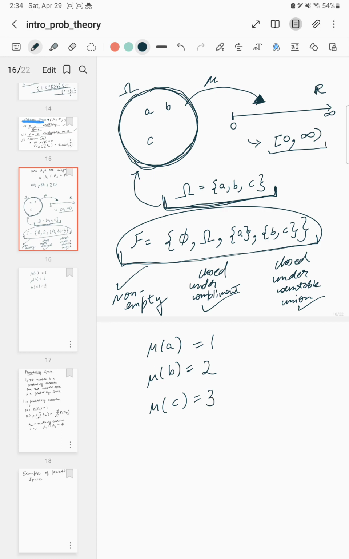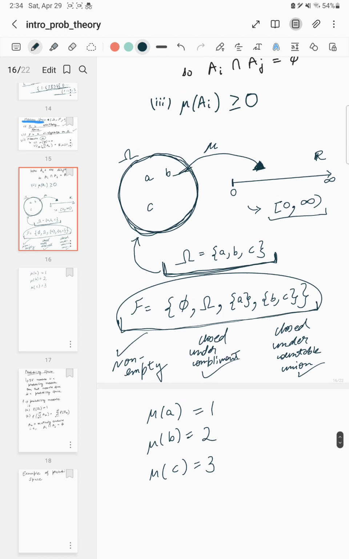So this basically means that this is like a mapping function from any subset in F to 0 to infinity, the set of all positive real numbers. So this is the domain and this is the range.